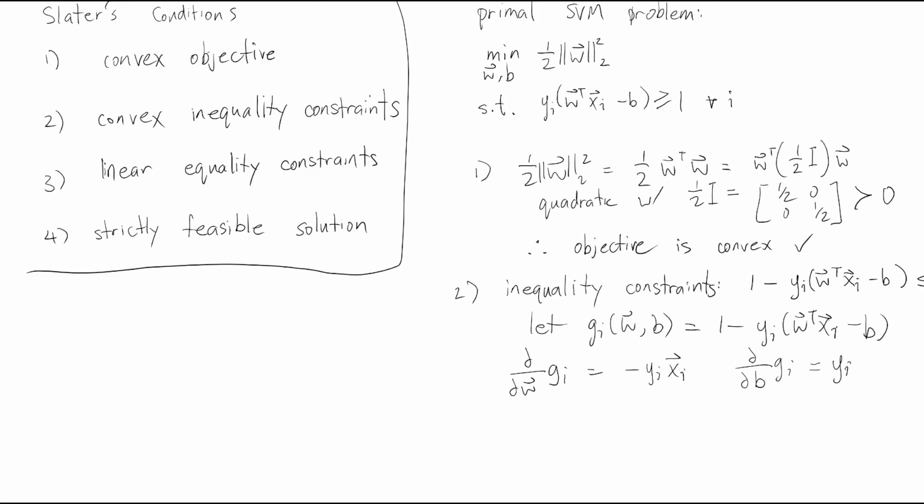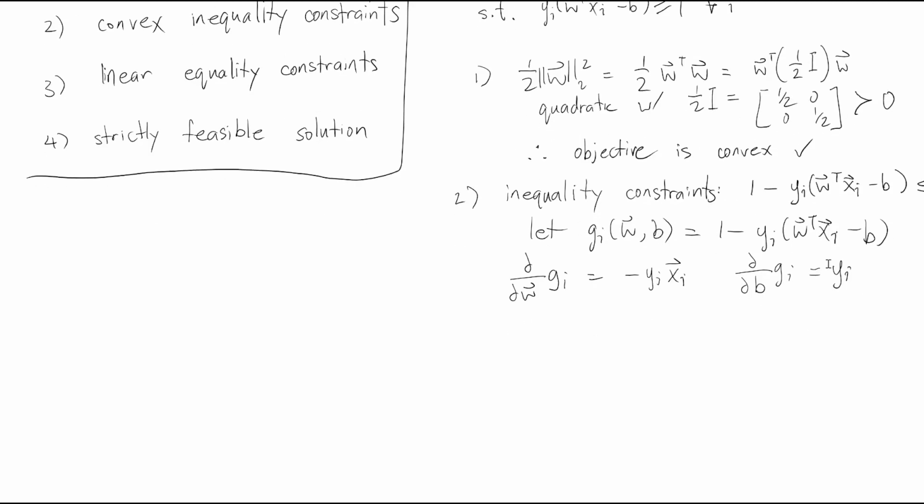So now let's look at all four terms for the Hessian. The Hessian of g is written as partial squared gi over partial (w, b) partial (w, b) transpose.